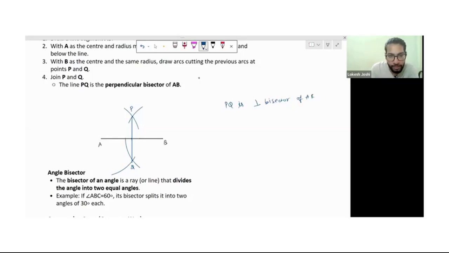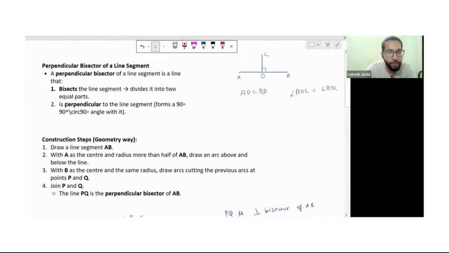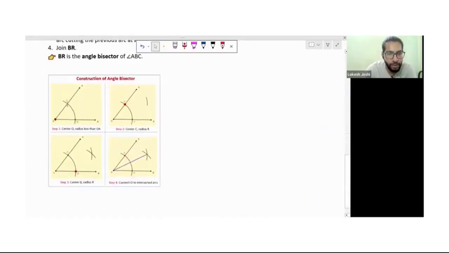And its condition, suppose it's intersecting at O, then we can say directly AO is equal to OB and angle AOP is equal to angle BOP is equal to 90 degrees, which means these two parts are equal and this angle is 90 degrees. So that's the way in which you can construct the perpendicular bisector of a line segment.